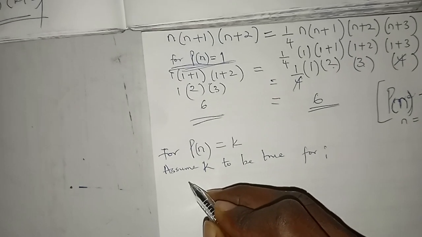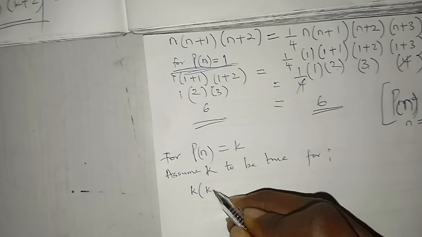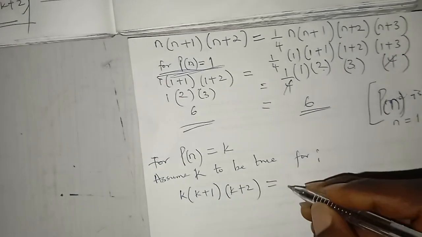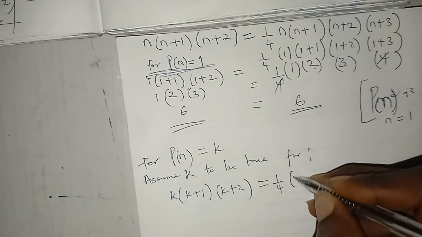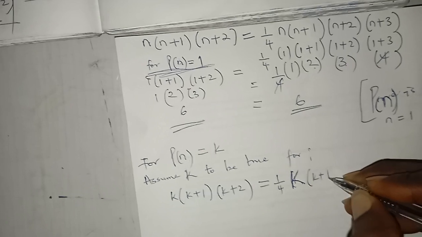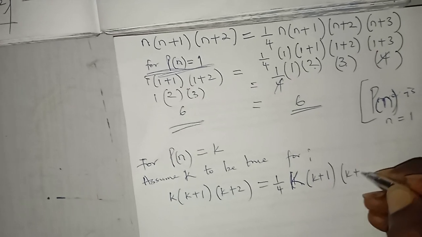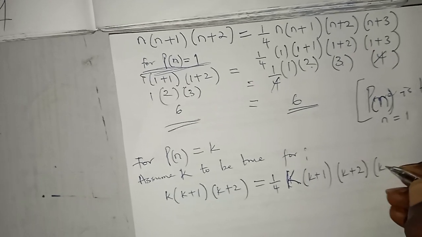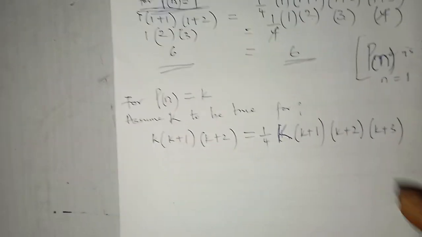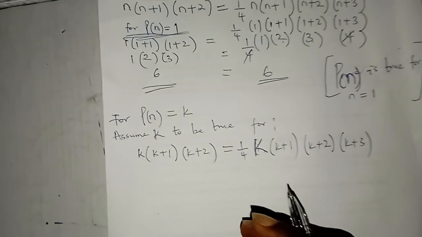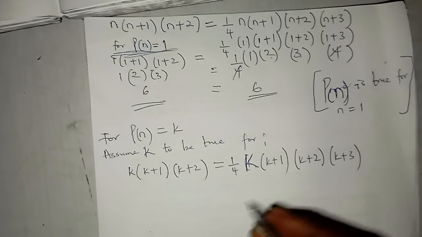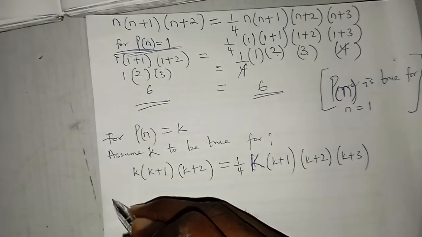Where I'm having n, I have k into k plus 1 into k plus 2 equals to 1 over 4k into k plus 1 into k plus 2 into k plus 3. Now that we know this, we've been able to replace this. So once we do this, we just assume it to be true. We don't do any other thing, we move.